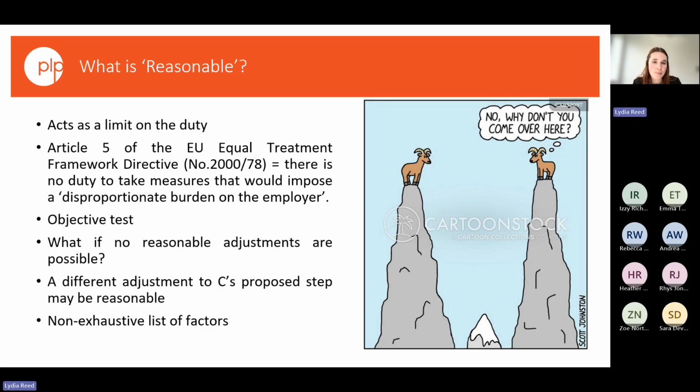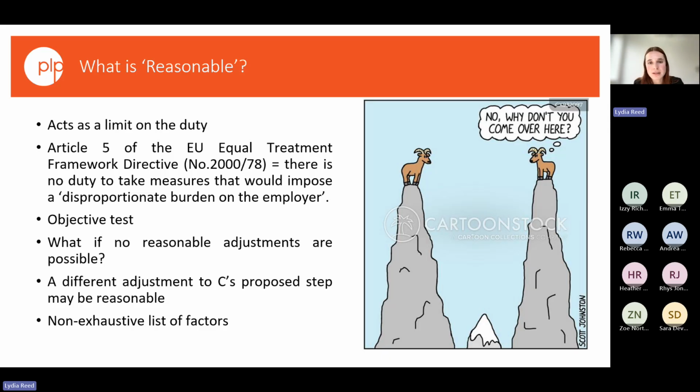It's important, whether claiming or defending, to be objective and put yourself in the employment tribunal's shoes, but there's ample scope to argue one way or another about whether the proposed step is firstly appropriate in terms of alleviating the substantial disadvantage, secondly reasonable in practice, and then thirdly reasonable taking into account all of those additional factors, so reasonable for the employer and whatnot.